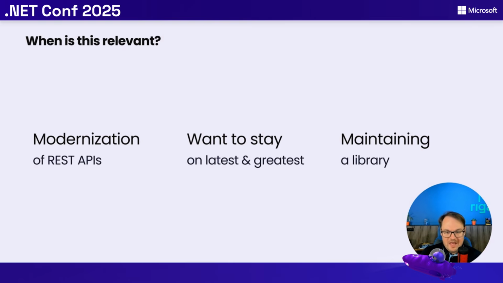Also, if you have been using ASP.NET Core since the first versions and for some reason you used Newtonsoft.Json and now you feel that it's the time to finally convert to System.Text.Json, or if you are like me and you maintain some library which usually wants to support both .NET Framework and the new .NET, but since System.Text.Json runs also on .NET Framework, then this migration can be interesting if you are a library author.